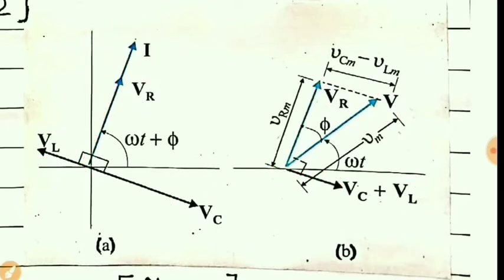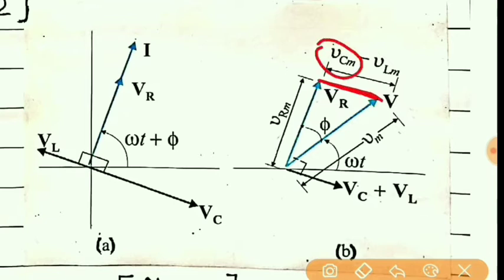So students, I hope you understand this phasor diagram. Here you can see that this line represents VCM minus VLM, the voltage across the capacitor and the voltage across the inductor, and this gives the maximum value. M shows the maximum value of these voltages.